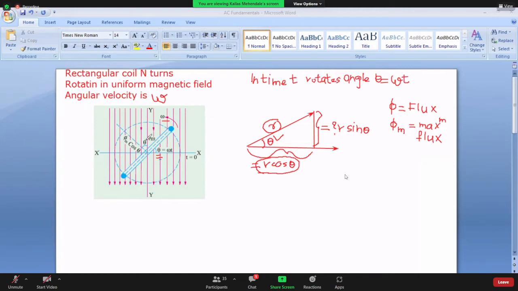So on the same line, this is angle theta, the diagonal is phi m, therefore the horizontal component will be equal to phi m cos theta. Right? If this is okay, please type okay in the chat box so that we can continue further.